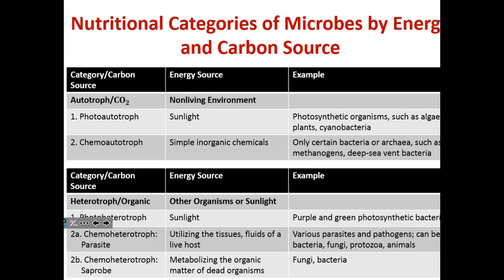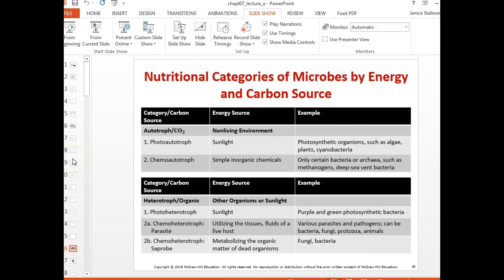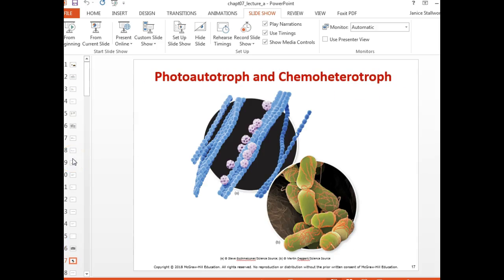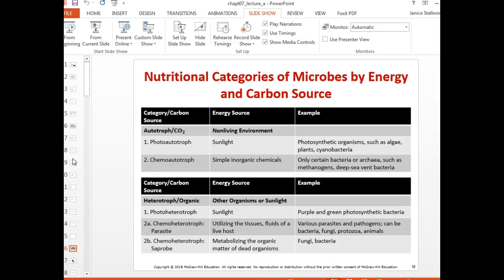Then for our heterotrophs, the carbon source is organic. We have the photoheterotroph, which uses sunlight as its energy.